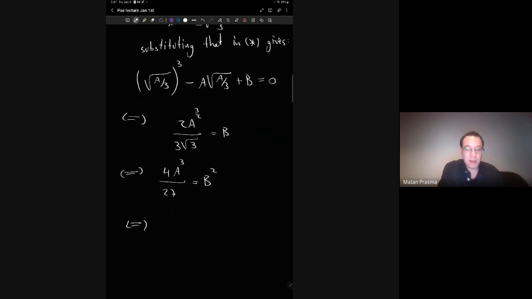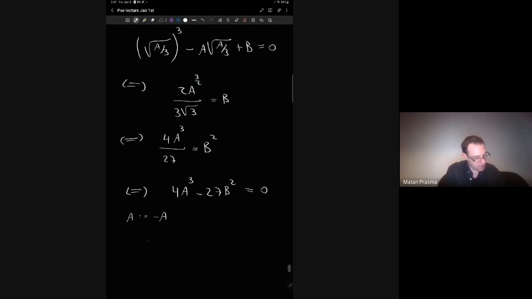And now I get 4a cubed minus 27 b squared equals 0. When I substitute back again a equals minus a, I get that this is equivalent to 4a cubed plus 27 b squared equals 0.